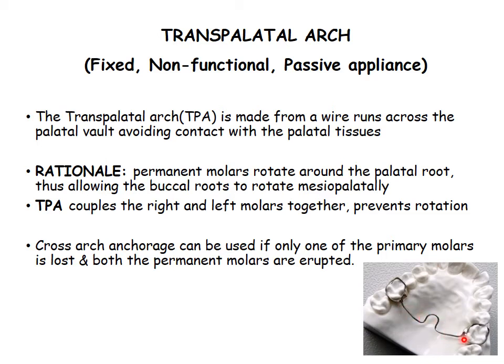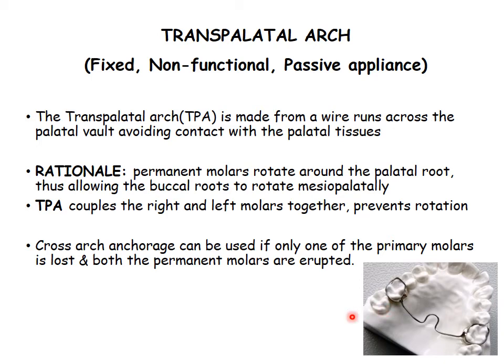The reason for giving this type of space maintainer is that the permanent molars have 3 roots, and the permanent molars rotate around the palatal root, thus allowing the buccal roots to rotate mesiopalatally. So this appliance prevents the rotation of the tooth.